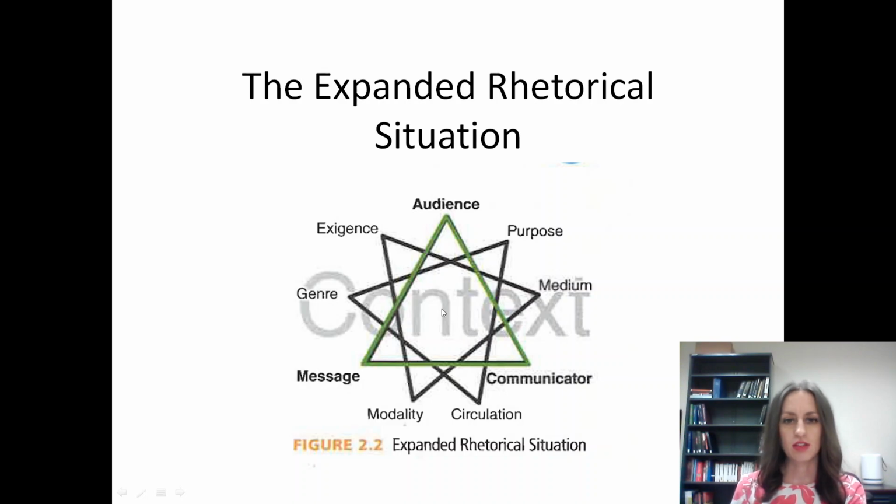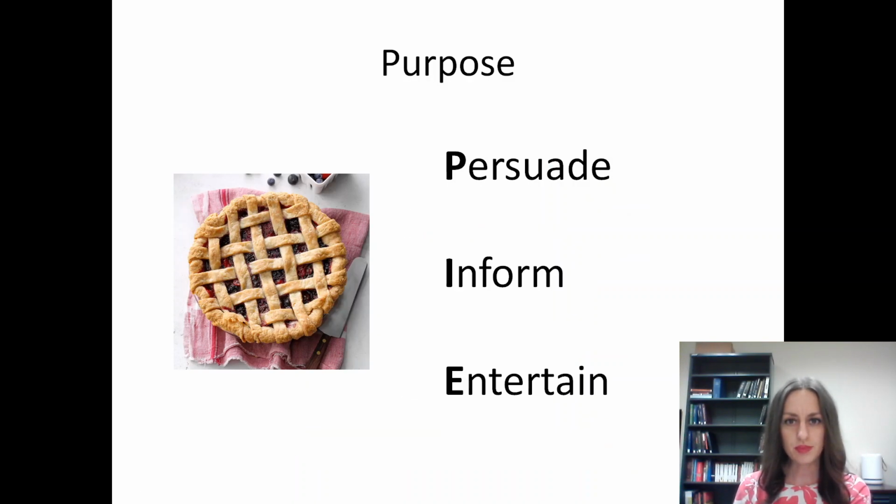And you'll see, from the image here, really all of the rhetorical situation is about context, about the idea of context. But I'm going to start by talking about purpose, just because purpose is so closely related, in my opinion, to message, which we talked about last week. So we're going to start with purpose, then we'll pull back and talk about context, and then we'll move into all of the other terms. So starting here with purpose.